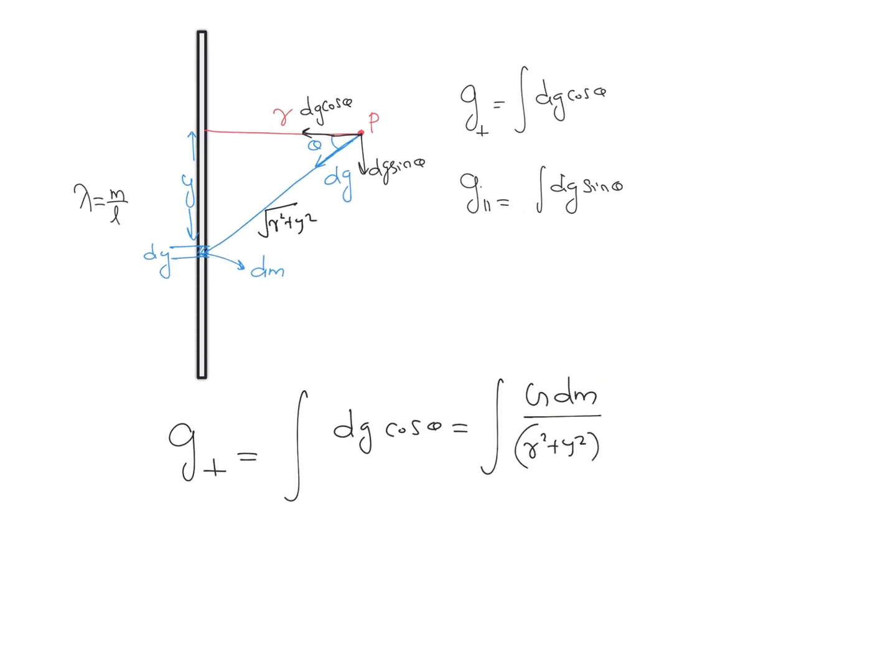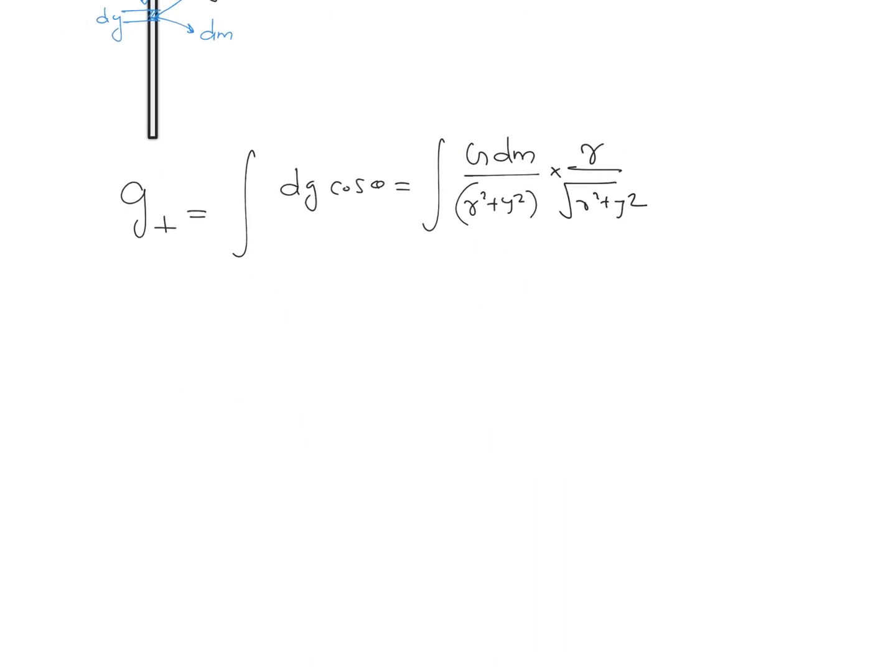Now from this right angle triangle, we can write cos theta as the adjacent side, which is r, divided by the hypotenuse, that is the square root of r square plus y square. So we can write this as G into dm, which represents the mass of that small element.